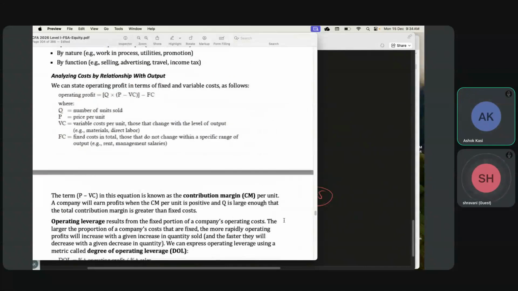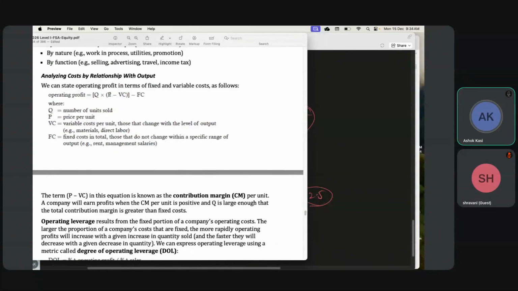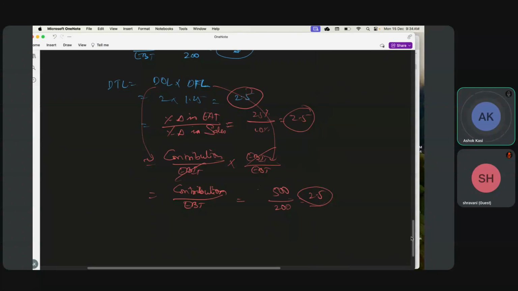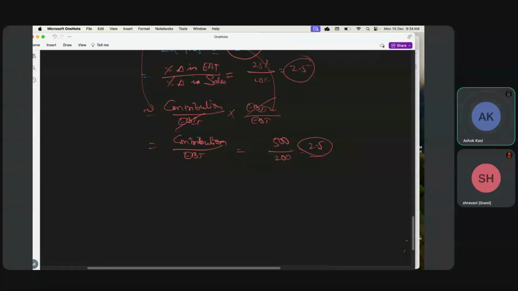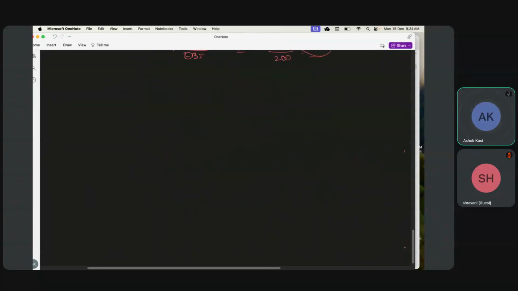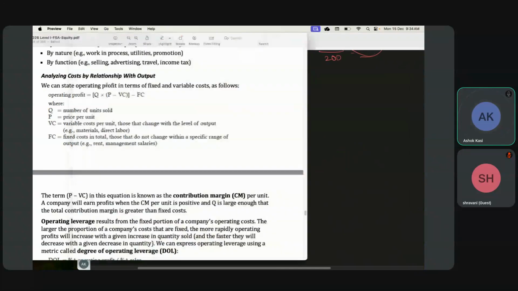And this formula is also the same thing only. You see, quantity, this is price minus variable cost. Now this is contribution into quantity. If you expand this, this is just a common sense formula.